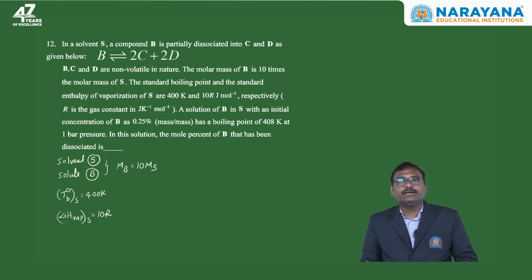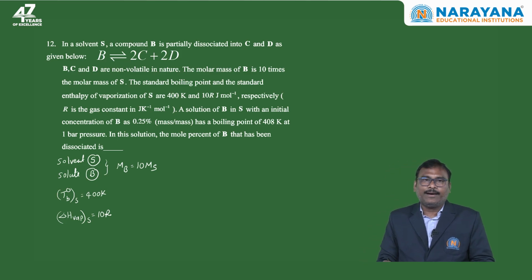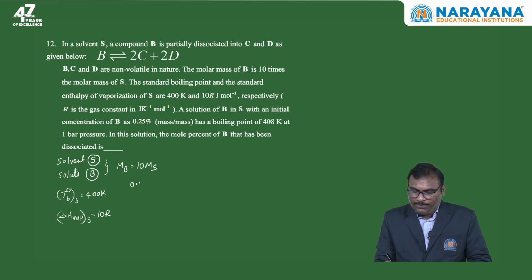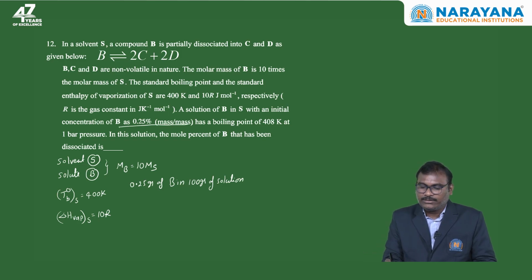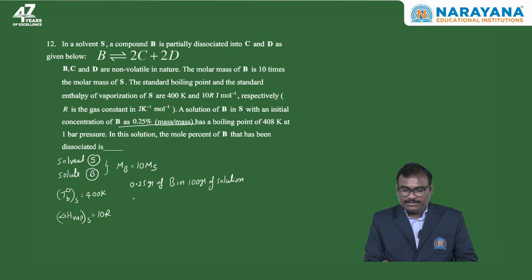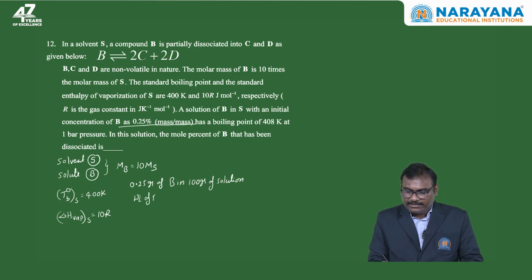A solution of B in S with an initial concentration of B of 0.25 weight percentage means 0.25 grams of B in 100 grams of solution. Then weight of B is 0.25 grams and weight of the solvent is 99.75 grams.